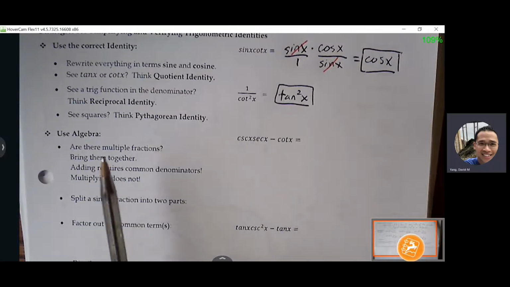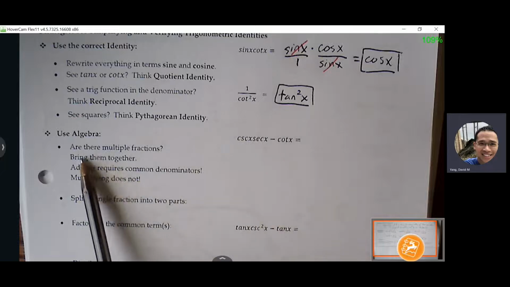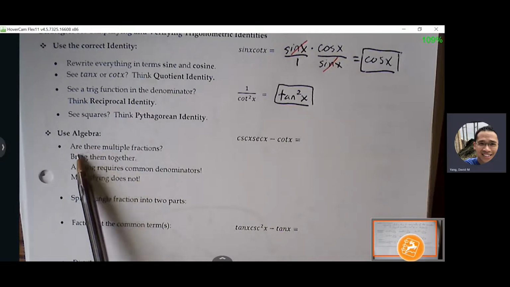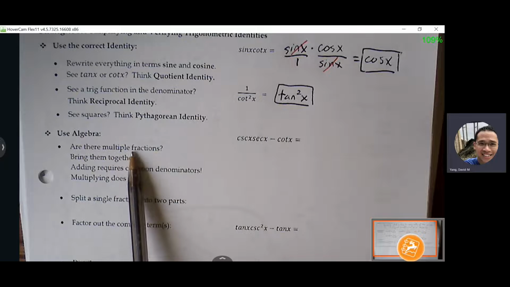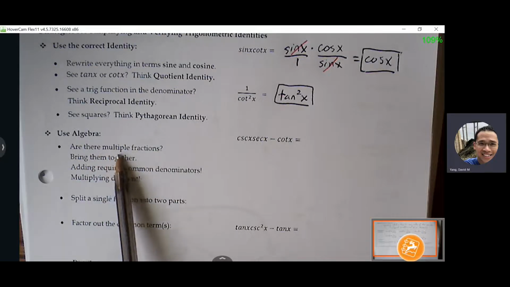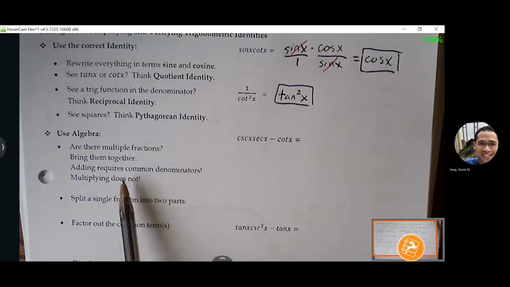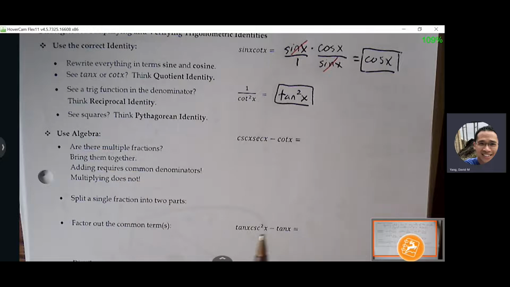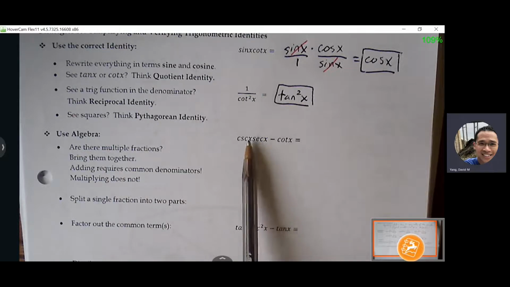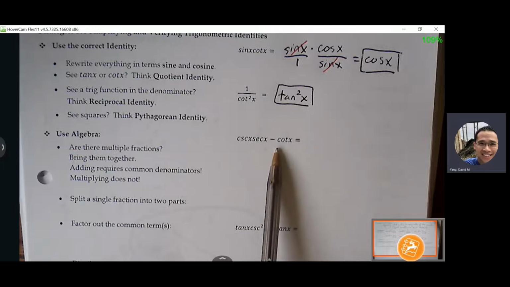Okay, another strategy is sometimes we can clean something up by using algebra. If you see multiple fractions, maybe we can bring them together. It's a little messy. Sometimes we have to involve common denominators. Anytime there's an adding or subtracting between terms, and they may not have the same denominator, we have to find common denominators.